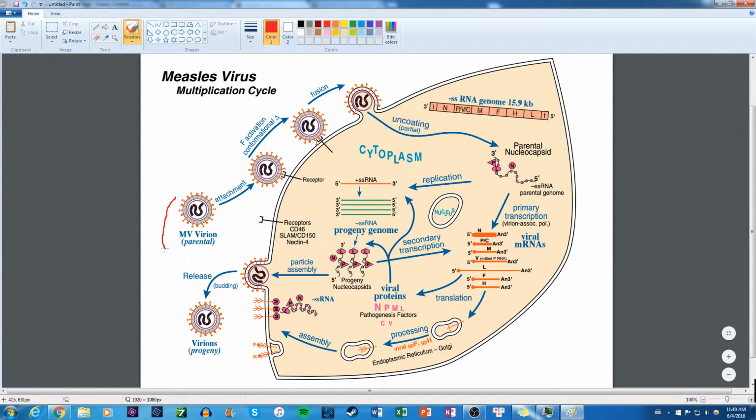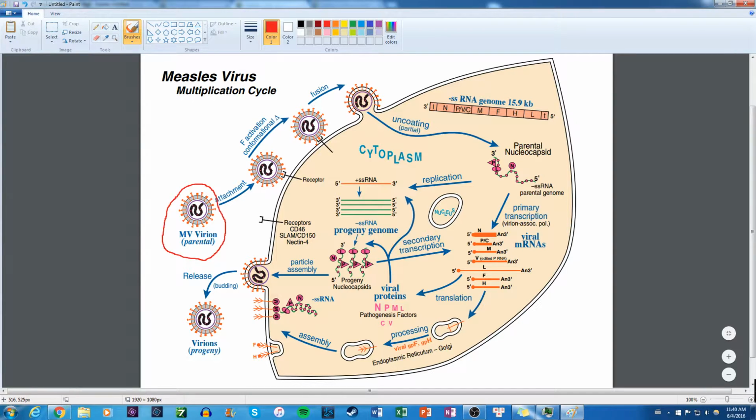So here you have your Paramyxoviridae virion. Now there are two antigens on the paramyxovirus. That is your hemagglutinin/neuraminidase antigen, and then you also have the fusion antigen.